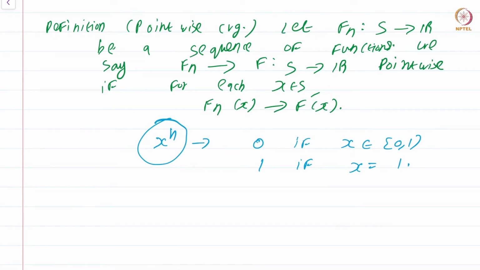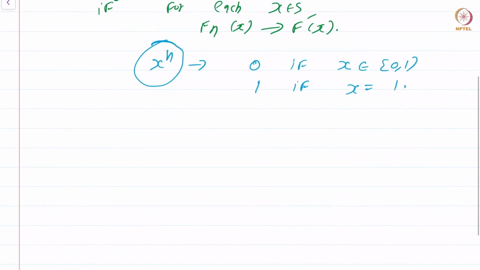So what we are going to now do is to reverse engineer and try to find some appropriate condition that will guarantee that the limit function is continuous. To do that, let's see what goes wrong if we naively try to prove that the limit function is continuous. We consider Fn converging to f pointwise.